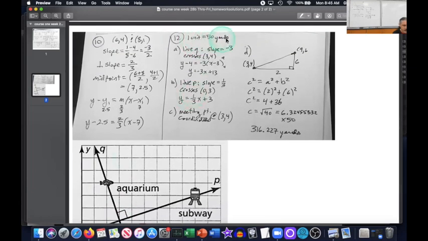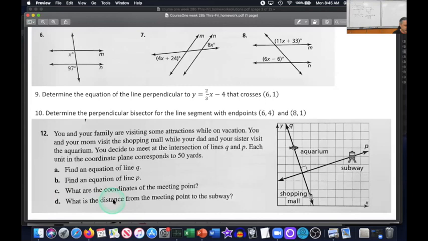We only need to worry about the units at the very end when we do the part D problem, because that was actually asking us for the distance. So you can just use the coordinates that they have here.